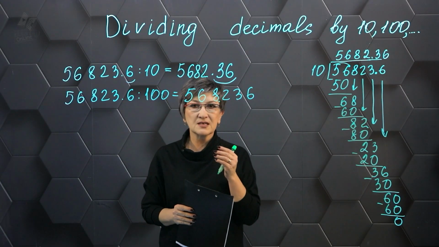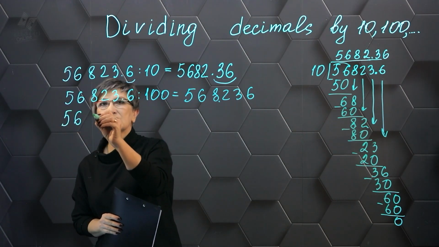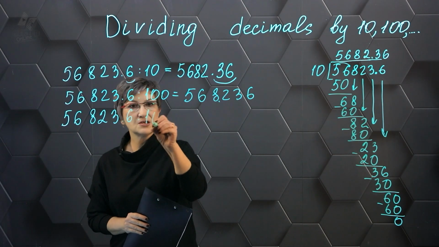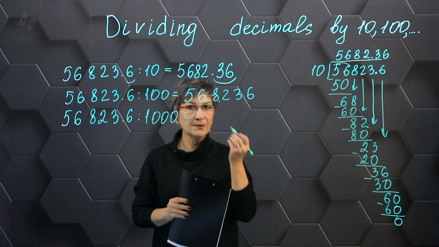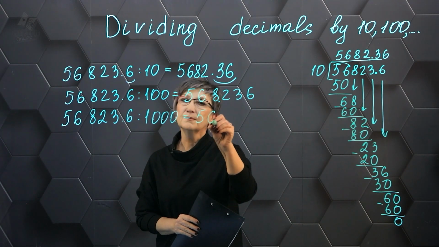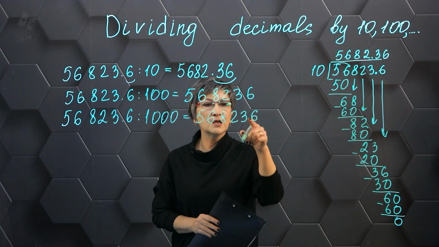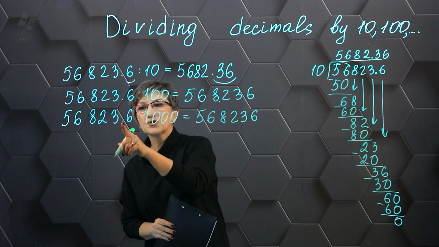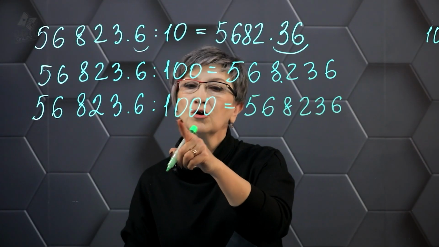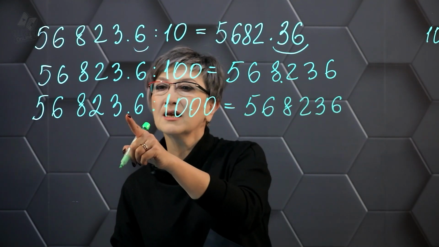Well, now let's try to use this rule when we divide this same number, 56,823.6 by 1,000. Following the rule, I write down these same numbers. 568236. I had a period after the 3. If I'm dividing by 1,000, I pay attention to how many zeros I have in the divisor. That's 3 zeros.